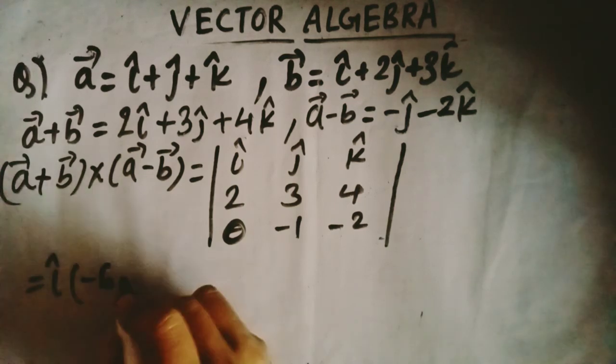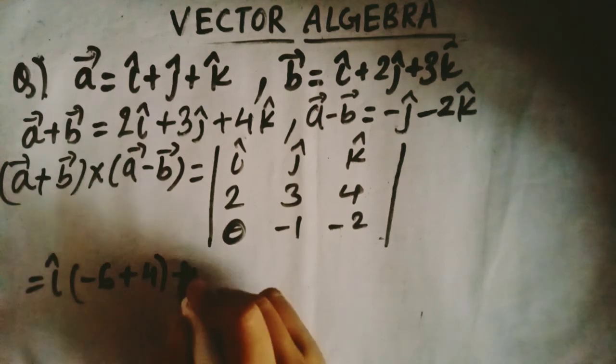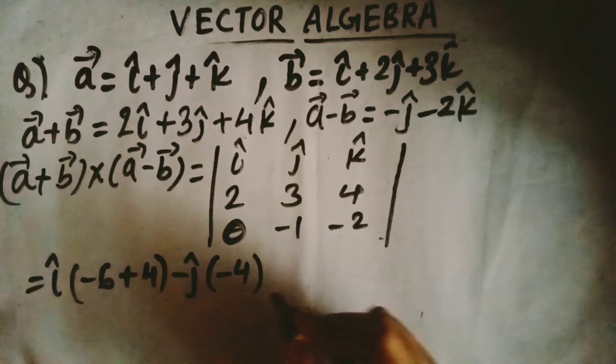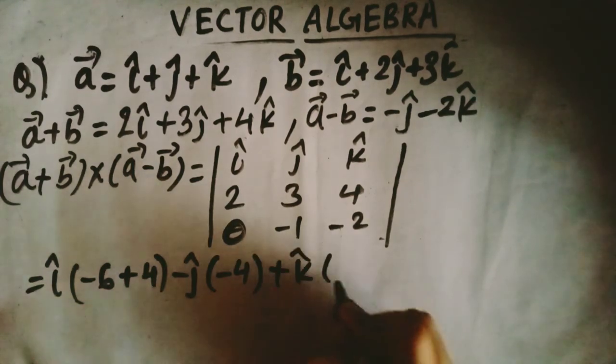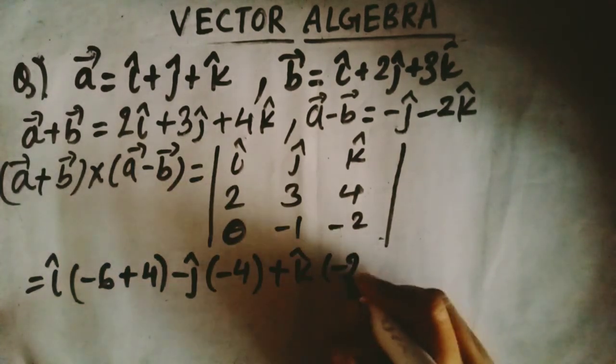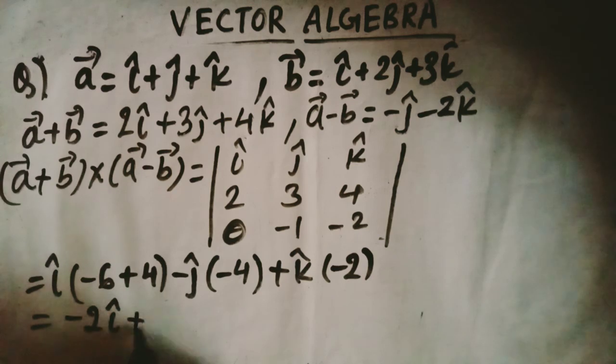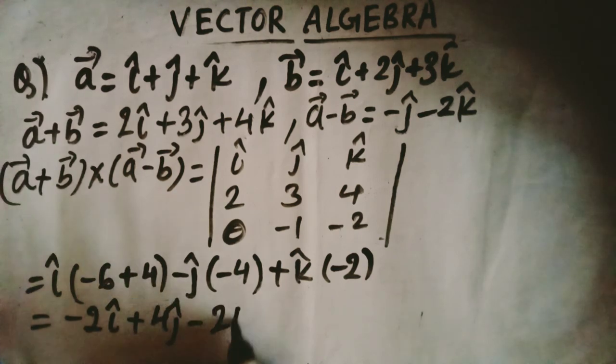Minus 6 plus 4, minus 4, 0, minus 2, 0. So we'll get minus 2i plus 4j minus 2k.